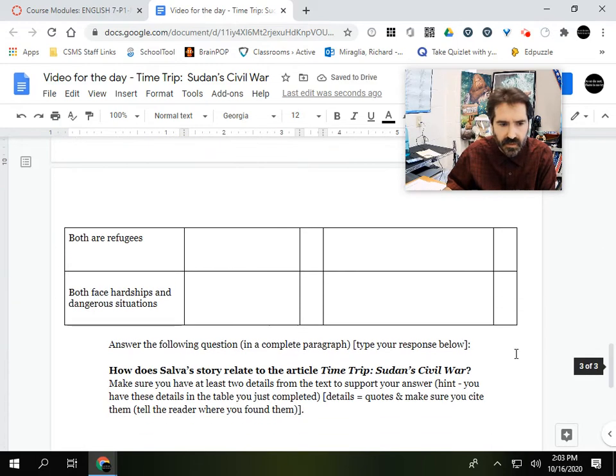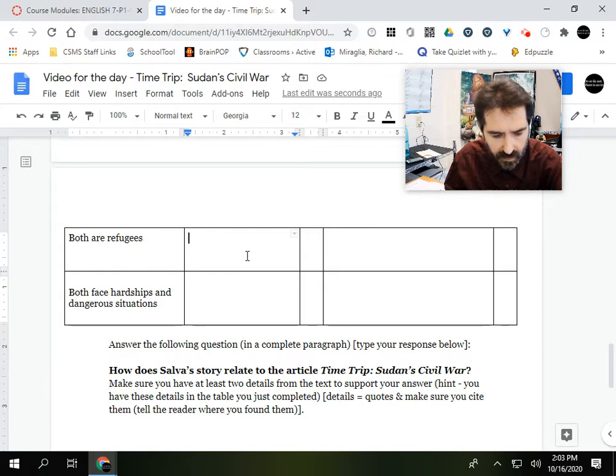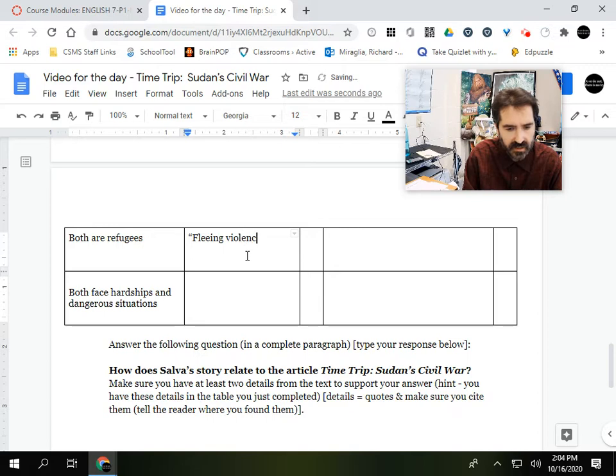You need to find something about being a refugee, about fleeing. I could write this quote here, which is in paragraph 2: "Violence and the fear of being forced into war.